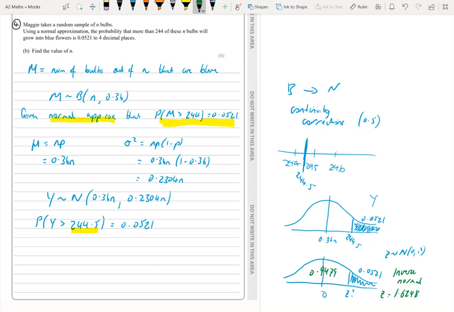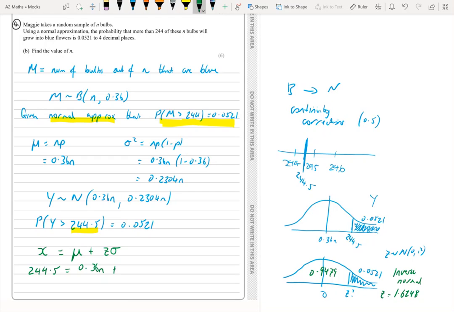And then we'll come back to our algebra and our working and the important equation that connects these worlds. X equals mu plus Z sigma. So remember, X is a real data value, that's the 244.5. Mu is the real mean, that's 0.36n.